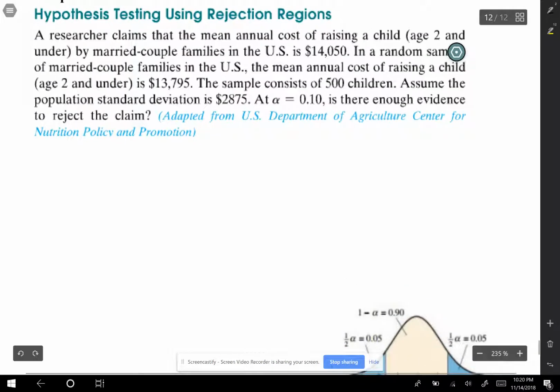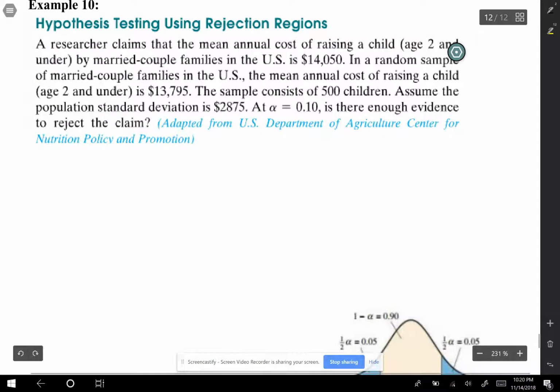So on this problem, the researcher claims that the mean annual cost of raising a child age 2 and under by married couple families is, so that's equals, $14,050. So they're claiming that the cost of raising a child from birth to age 2, the mean cost is $14,050. In a random sample of married couple families in the U.S., the mean cost of raising the child was $13,795. So this was in a random sample, so this is the sample mean.